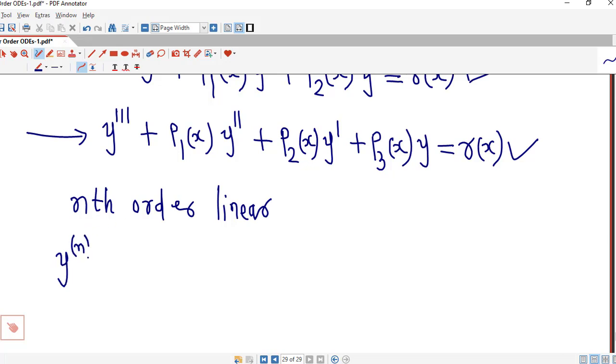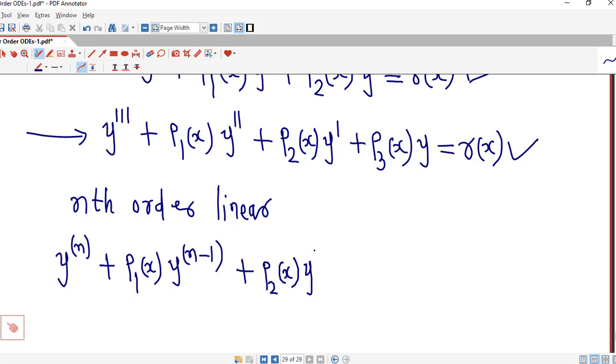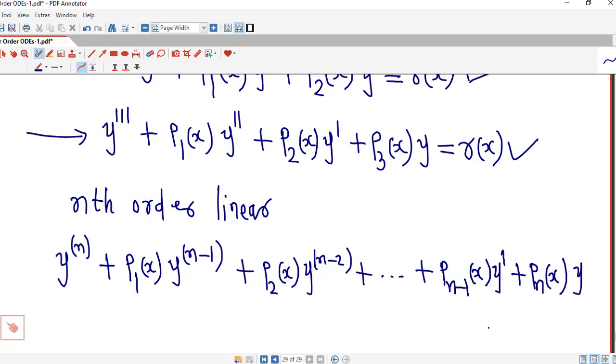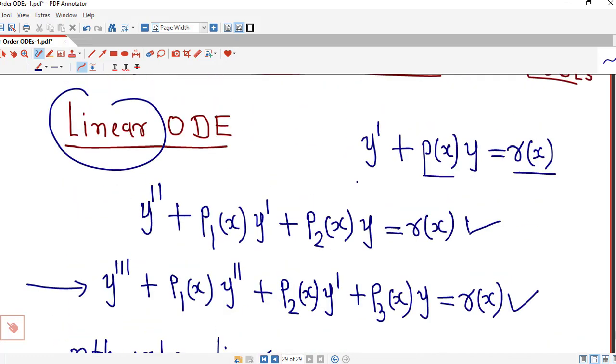We start with the nth order derivative, y^(n), plus some function of x times the (n-1)th derivative of y, plus another function of x times the (n-2)th derivative of y, and so on, plus some function of x times the first order derivative of y, plus p_n(x) times y, equal to r(x). So we are generalizing this.